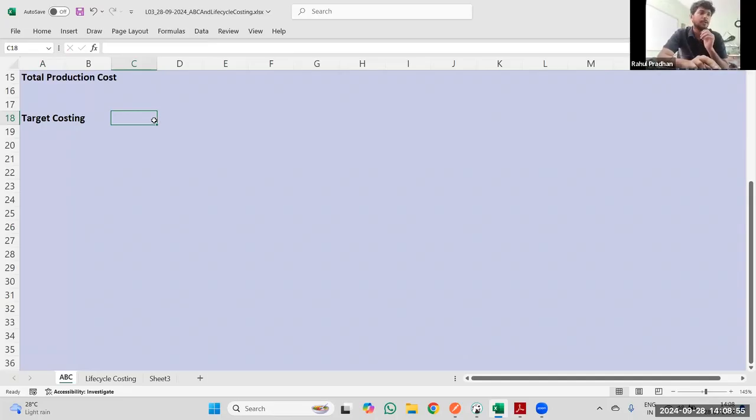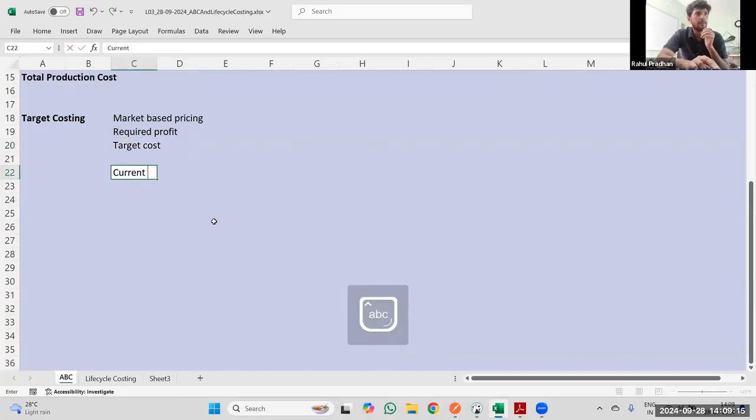So target costing is they take price from the market, and from whatever the prevailing selling price is, we deduct our profit, which is fixed 20% or 10%. We get our target cost, and accordingly we check back to our cost how it is, and then we find out the gap between our cost and the target cost.